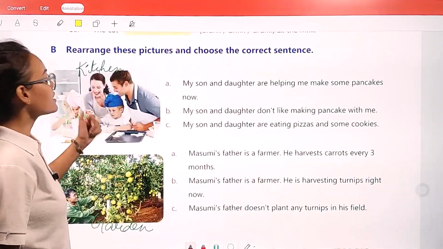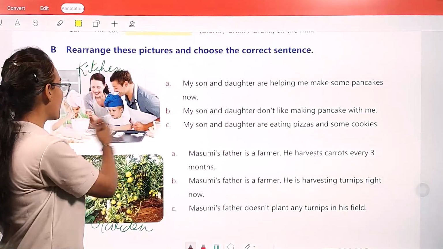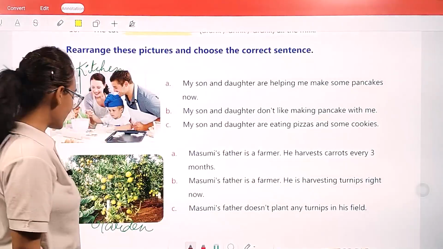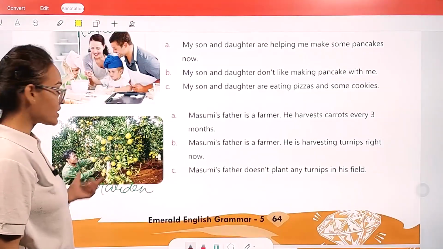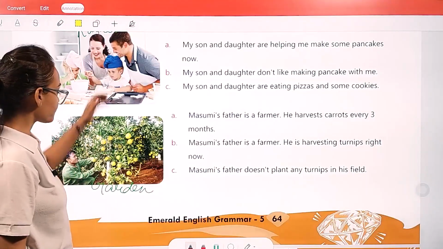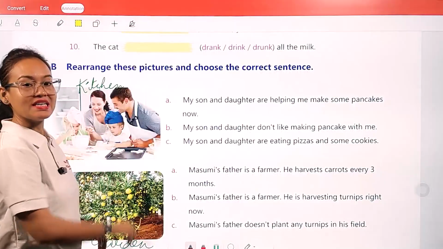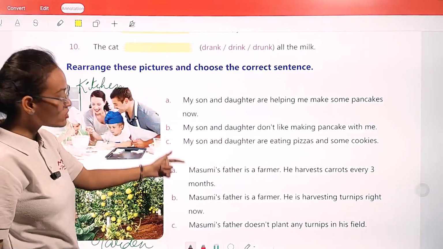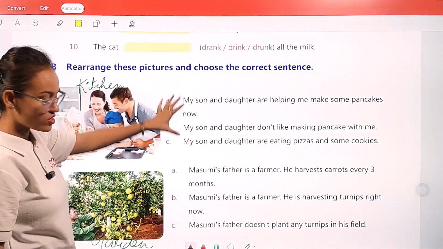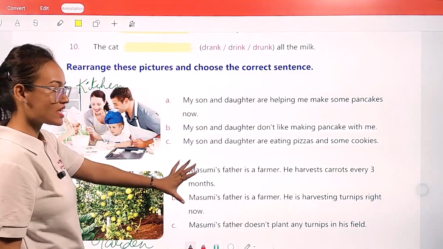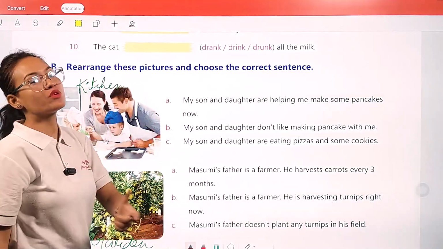See, in the kitchen, you can see mummy, papa, and two kids. Similarly, in the garden, you can see a gardener. So what you have to do, first of all, observe this picture. Then among these 6 options, which is 3 for the first picture and 3 for the second picture, choose the appropriate option.